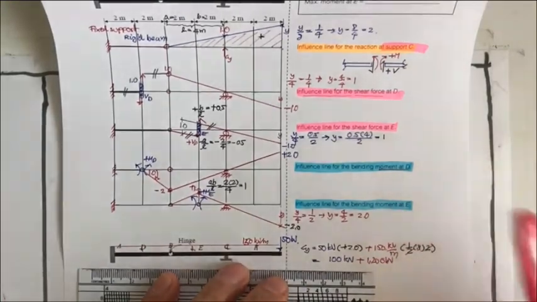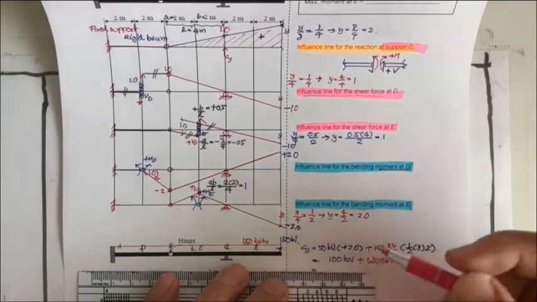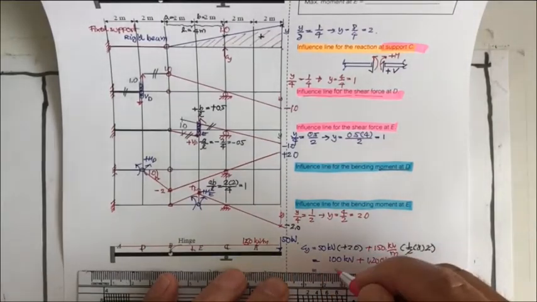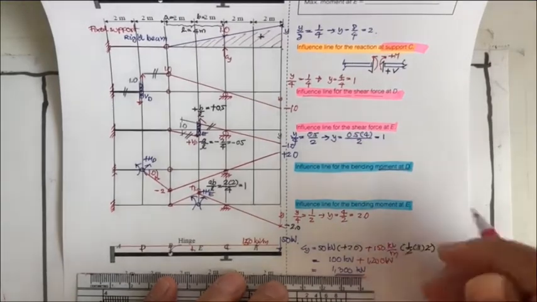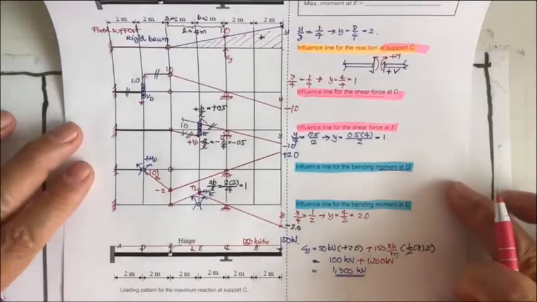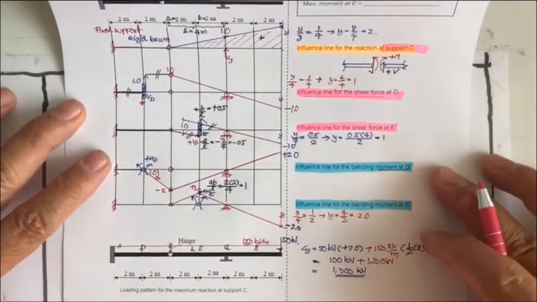So finally we get the C sub y by this loading pattern to be the maximum as 1300 kilonewton. Okay, that is understandable, right?